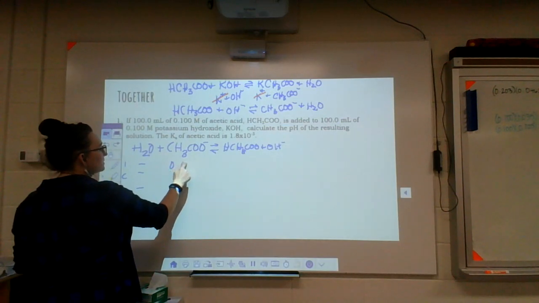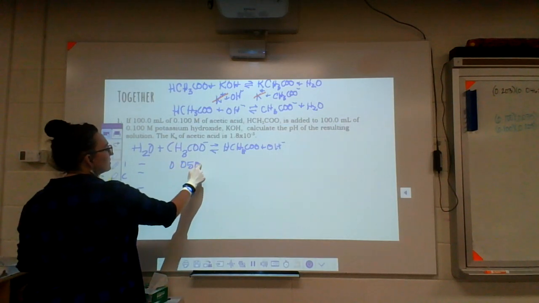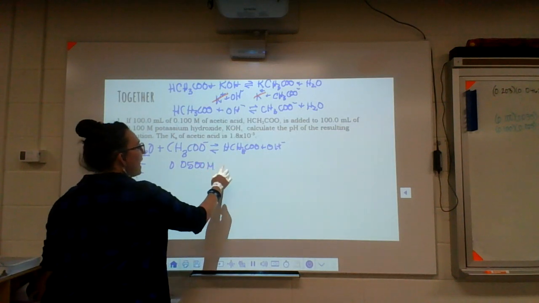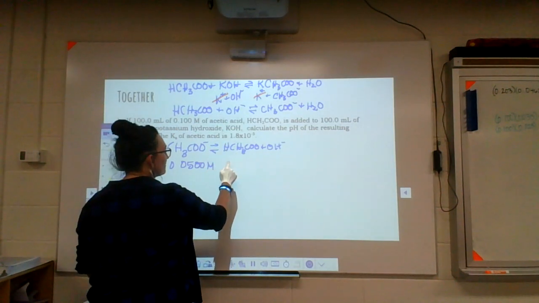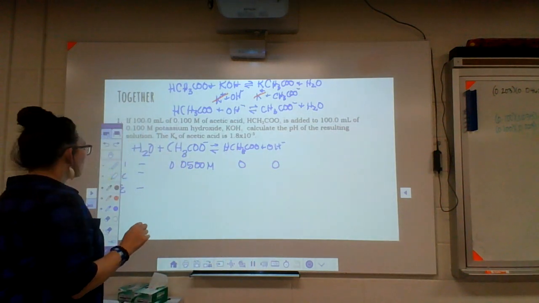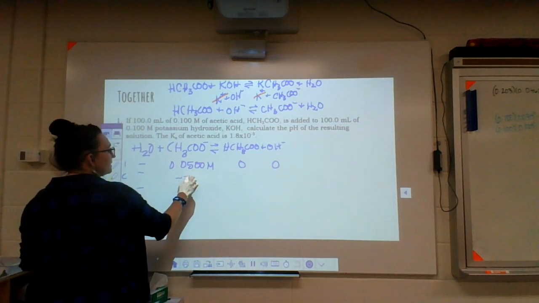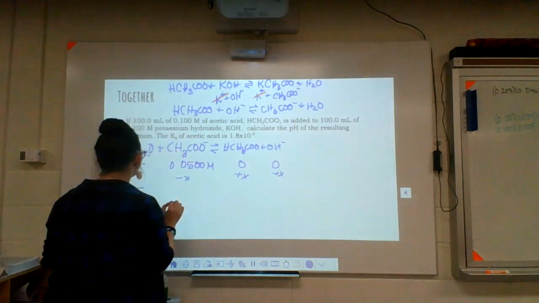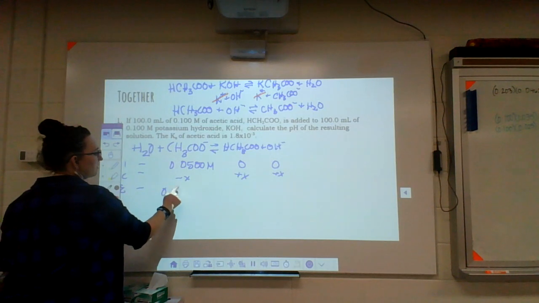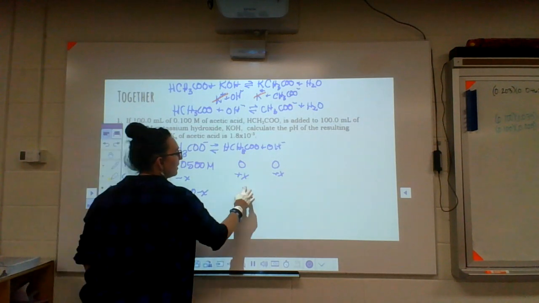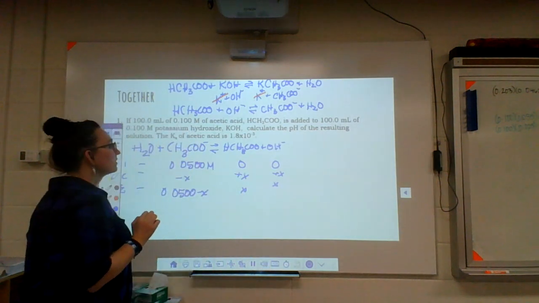So 0.0500 is my new molarity. And I said again, this goes to completion, so I'll have 0 of these. And so minus X and plus X and plus X. So I'll have 0.0500 minus X, X, and X.